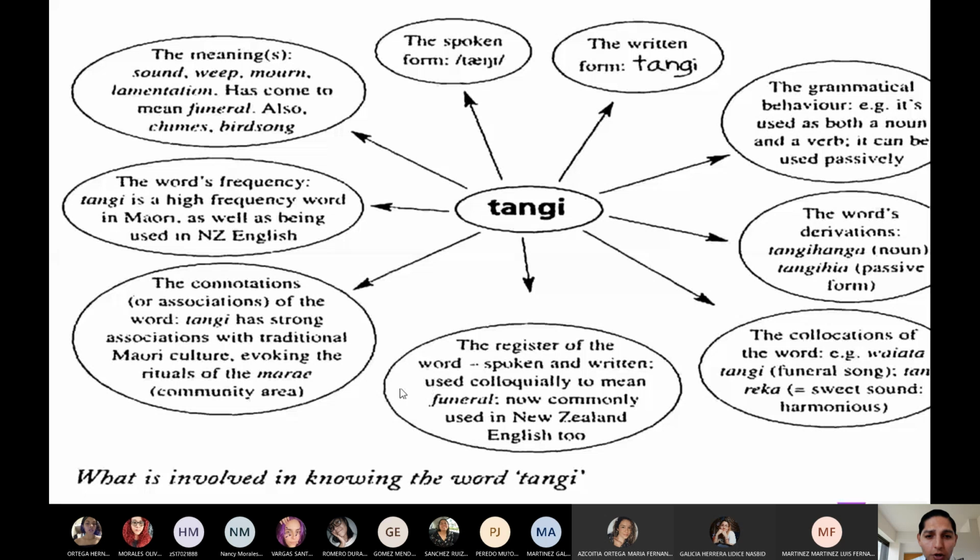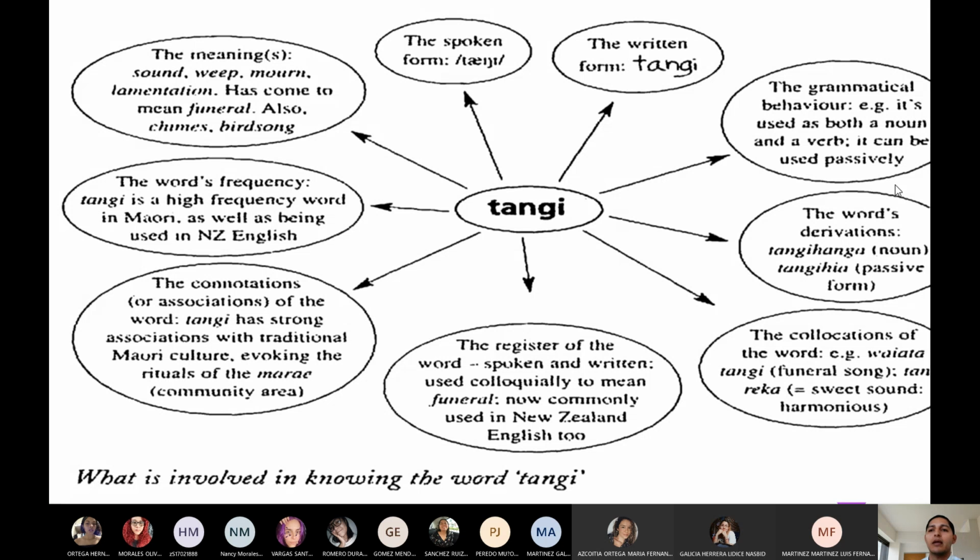the register of the word, whether high or low, the context where you can use it, whether it's colloquial or in a specific territory, the connotations of the word, the associations of the word, the bonds that the word has with other words, with culture, with specific groups of people, the word's frequency in a specific place, context, the meaning of the word, or the different meanings of the word.